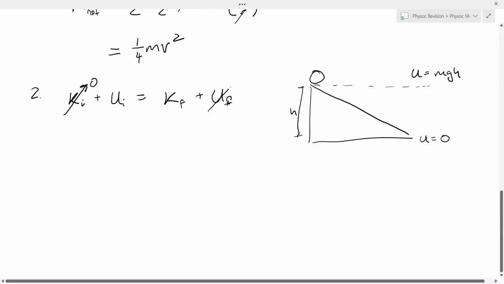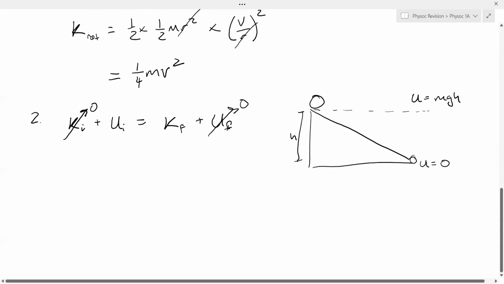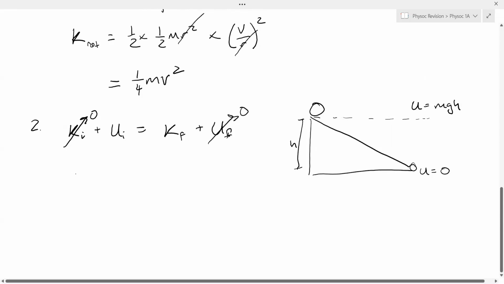That means our final potential energy is going to go to 0 because it eventually goes to the bottom of the slope. So our initial potential energy is mgh, and our final kinetic energy is going to be our kinetic final due to rotation plus our kinetic final due to translation.